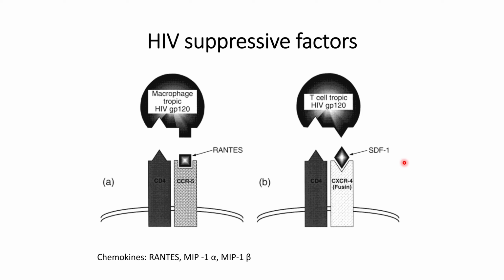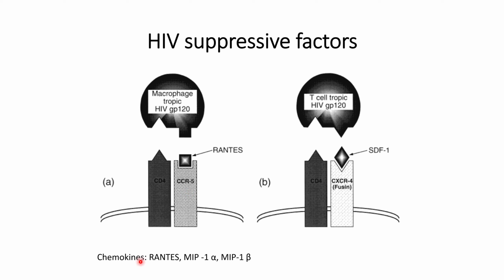So what are the suppressors that are being used to prevent this HIV infection? There are several chemokines that can compete for the CCR5 co-receptor or the CXCR4 receptor, thus preventing HIV GP120 or T cell trophic HIV GP120 from interacting with the cell surface receptor, that is CCR5 or CXCR4.